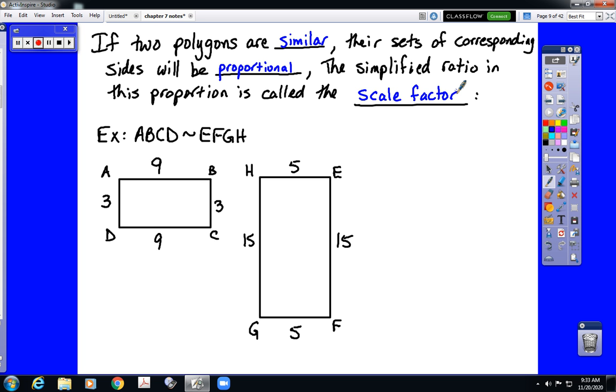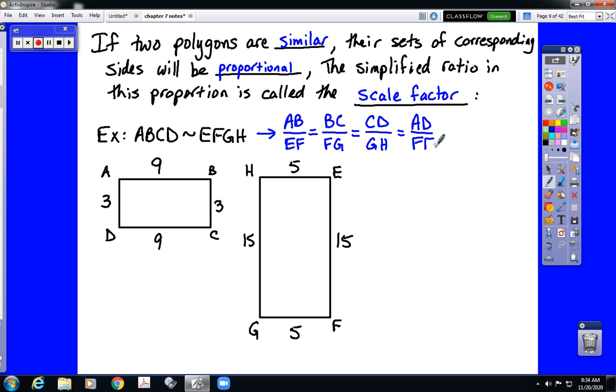So here in this particular problem, we have a similarity statement. ABCD is similar to EFGH. That gives us the proportion AB is to EF, first two letters in the name, as BC is to FG, that's the second and third, CD is to GH, that's the third and fourth letter in each name, as AD is to EH.